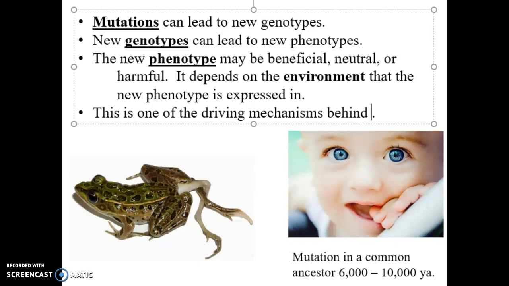Or it could be very harmful, and the organism doesn't survive, and it's not likely to pass on that trait, and the individual dies. All right, this is one of the major driving forces behind evolution. So we're going to talk about evolution in future lectures. Evolution is the change in the genetics of a population.